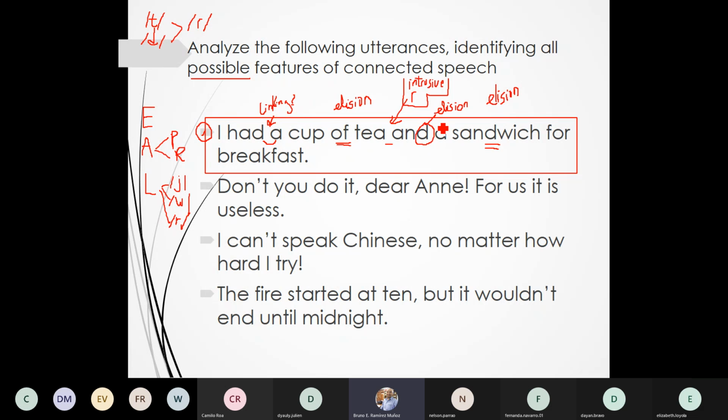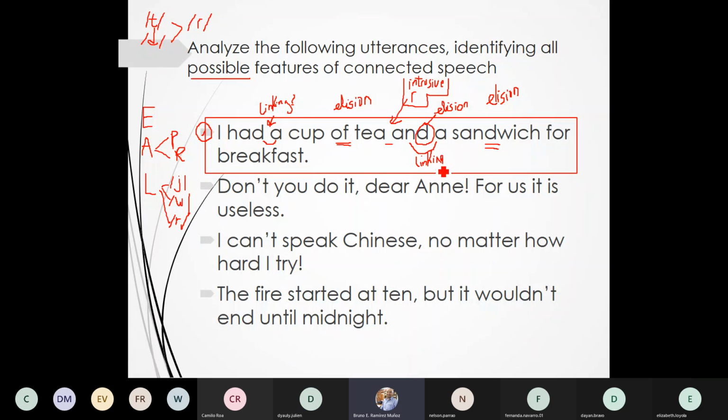And then after an elision of the sound d, probably, what do you think? I'm just thinking aloud. We can have a linking between the consonant sound n and the vowel sound a. What do you think? I was thinking about that as well. Excellent. So we may have, yes, go ahead, please. "An a sandwich", right.